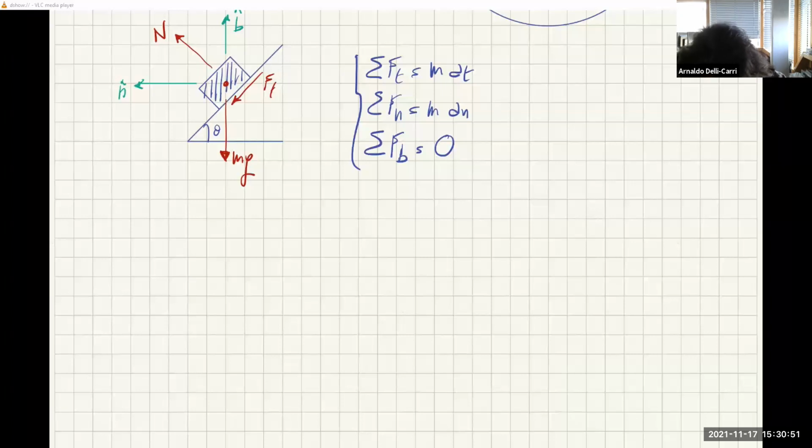So this is Ff. So Ff has a component along b and a component along n. Along b, it's this component here. And along n is this component here. This is Ff.